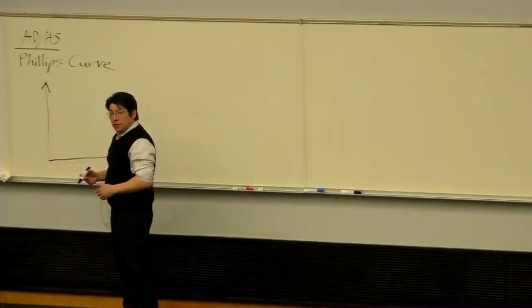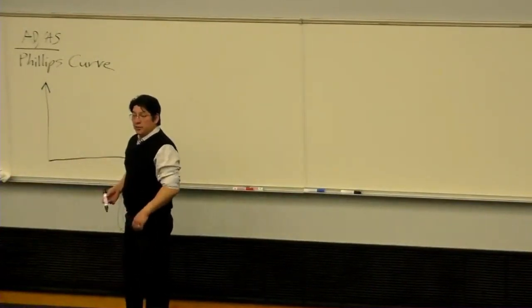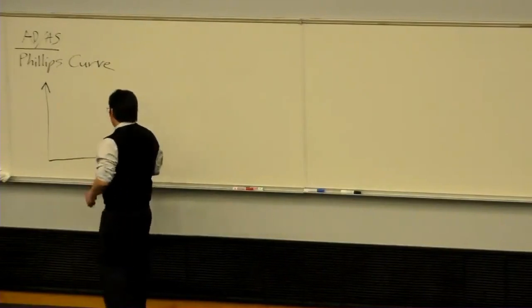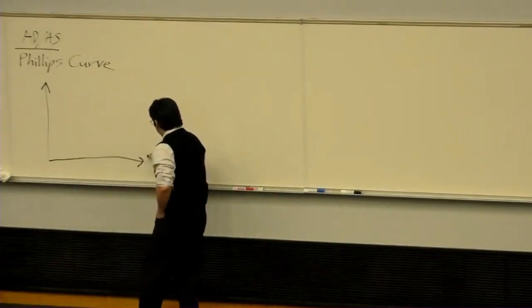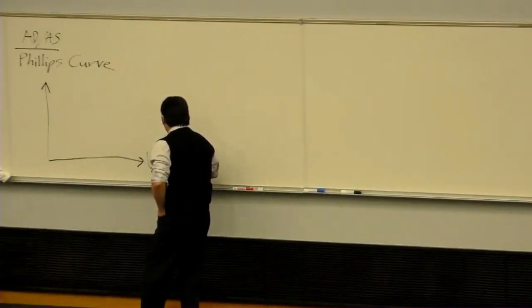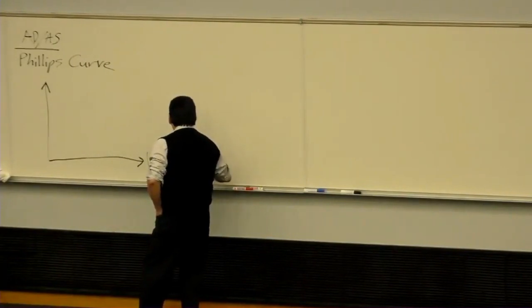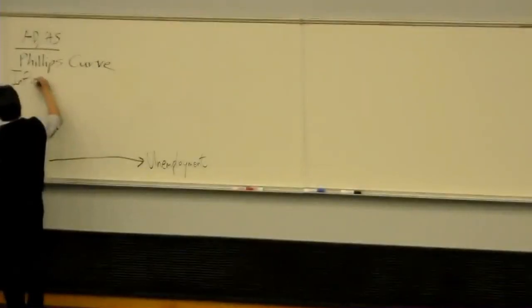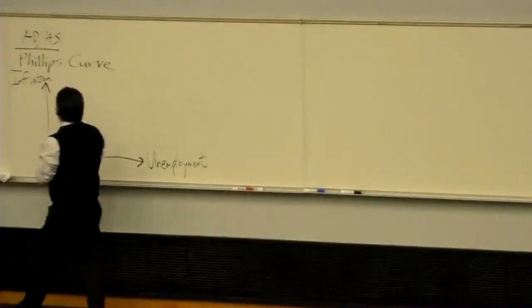And by that I don't mean a relationship in theory, I mean a relationship in the data. Those key aggregates were the unemployment rates and the inflation rates.